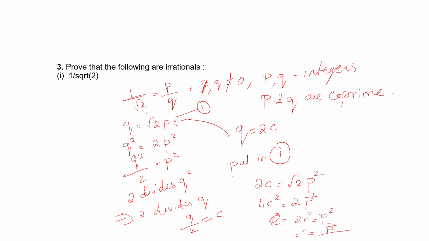So c square is equal to p square by 2. So 2 divides p square, which implies 2 divides p also.